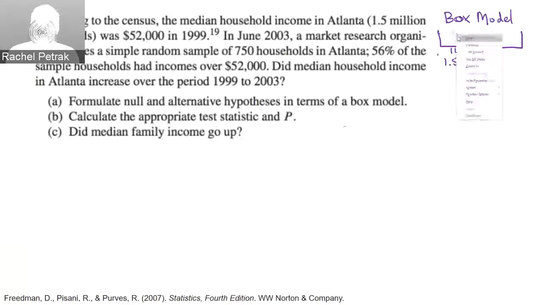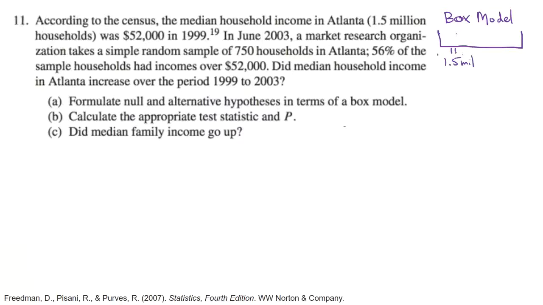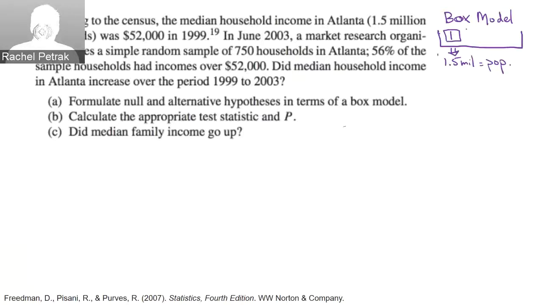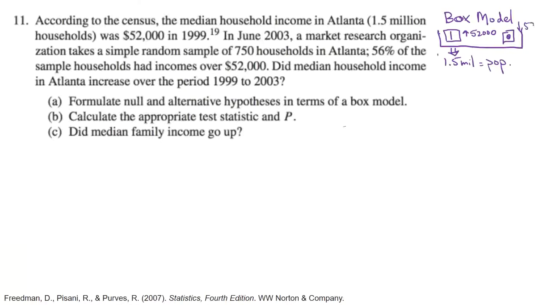So our ones are, we'll call ones greater than $52,000 and zeros are less than. Okay.